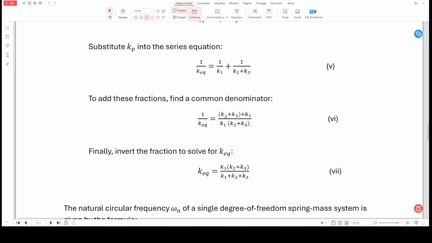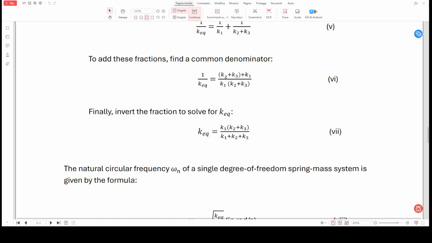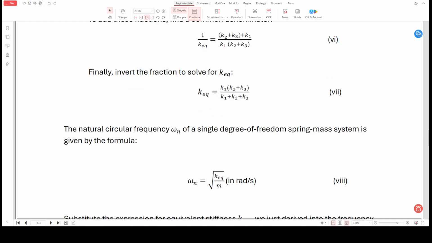We can rewrite this equation in this way, finding a common denominator. Inverting the equation, we can solve for kappa equivalent, where kappa equivalent is equal to kappa 1 multiplied by kappa 2 and kappa 3, divided by the sum of the three stiffnesses.